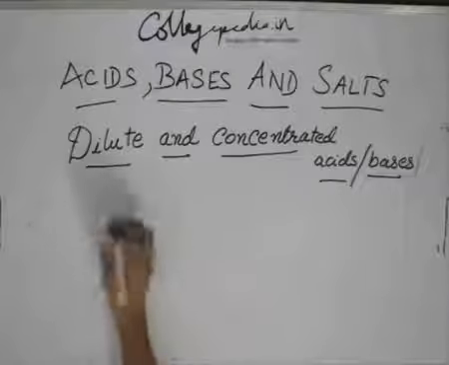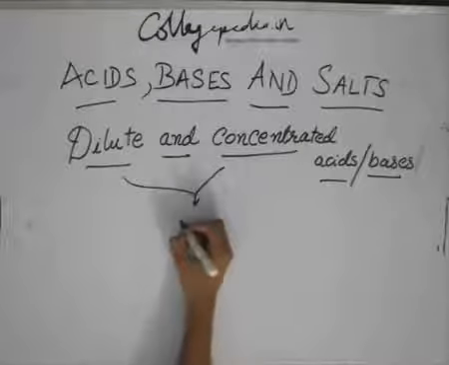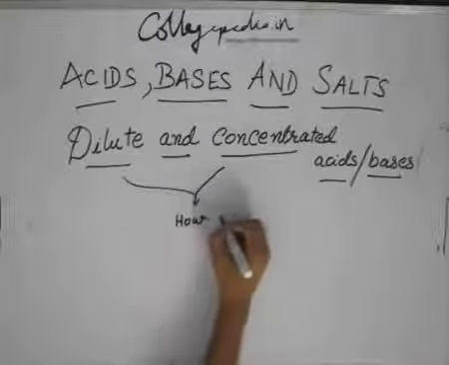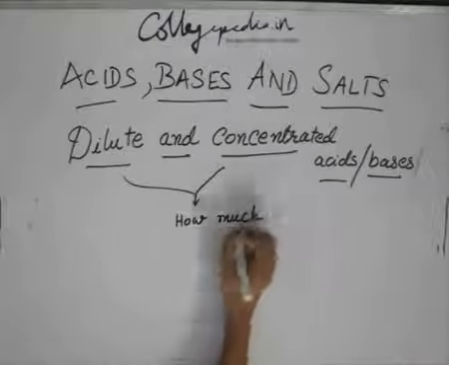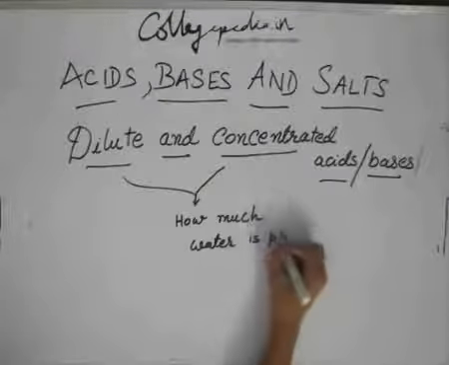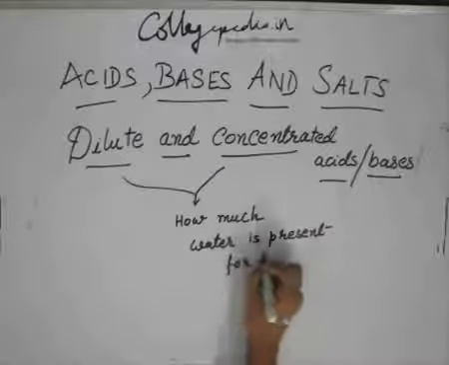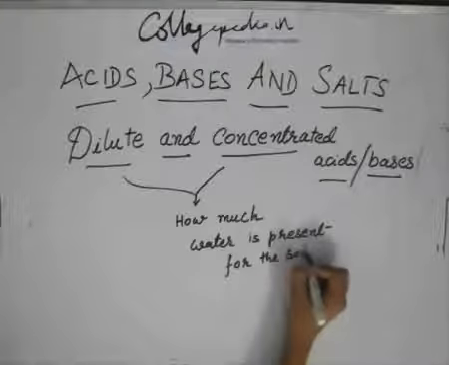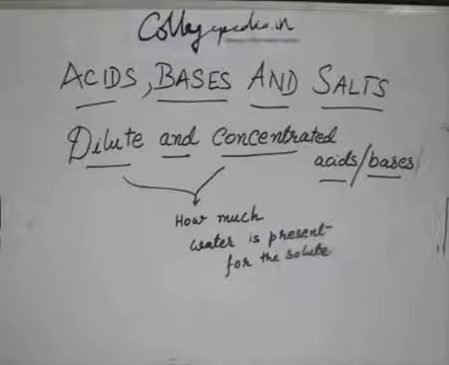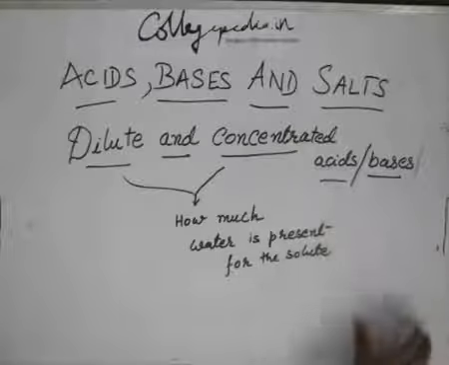So these terms, dilute and concentrated, actually depend on how much water is present for the solute. In this case you have water and you add sugar. So you have 1 glass of water and you add 0.5 kg sugar or 1 kg sugar to it.